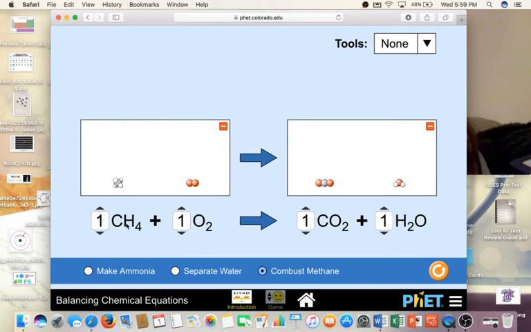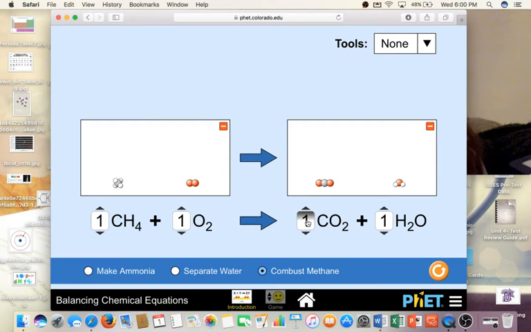So now, the gray ones are for carbon, and the white ones are hydrogen. Red ones are oxygen. You'll notice that on your product side, CO2, carbon dioxide, and water, H2O, both have oxygen.